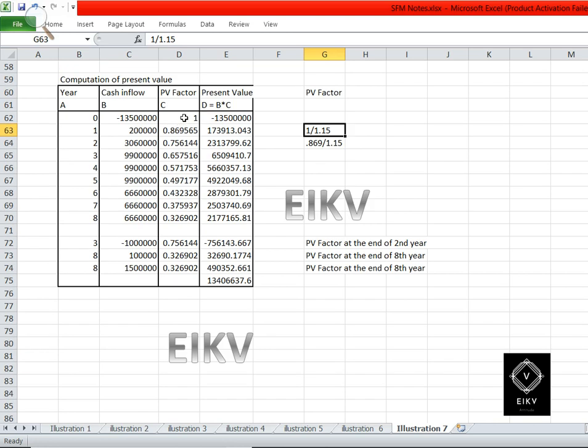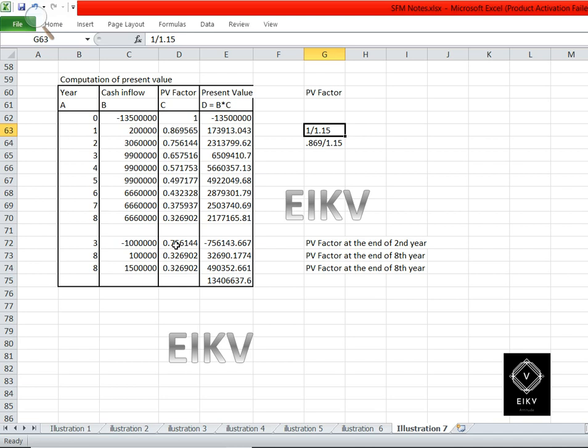Okay, till 8 years. After that we have 10 lakhs invested in the year 3. In the question it is given that at the beginning of the third year an additional equipment needs to be purchased for rupees 10 lakh.